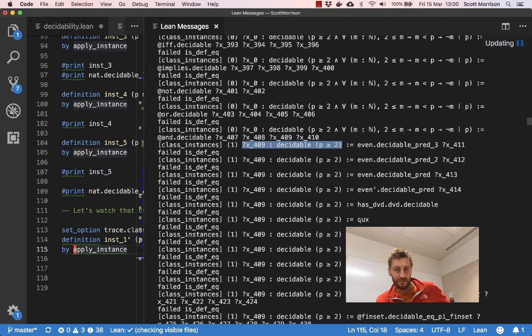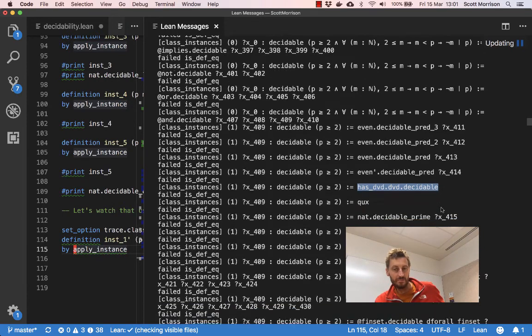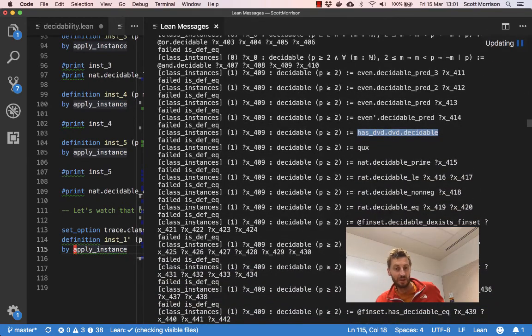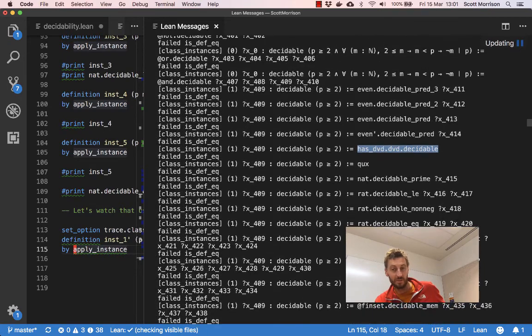We also defined quux right now in this file, but has divide.decidable is just something from the library. So it's in between. I suspect this is actually a good question, how you inspect what the priorities of those guys are. I suspect they all just have the default priority, and there's some internal tie-breaking mechanism that I don't know about.